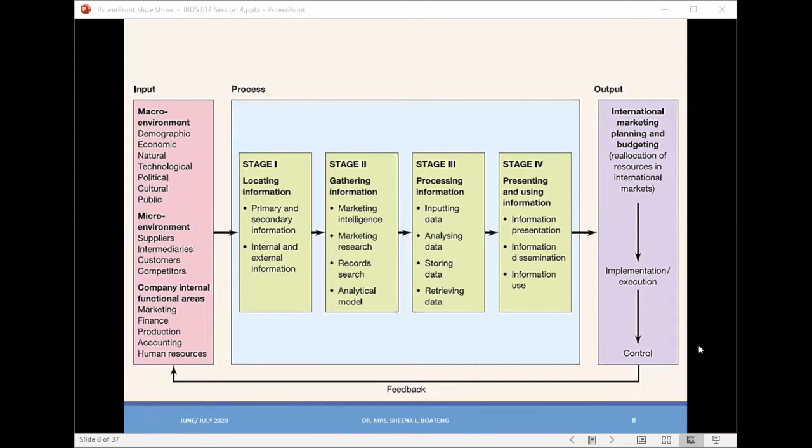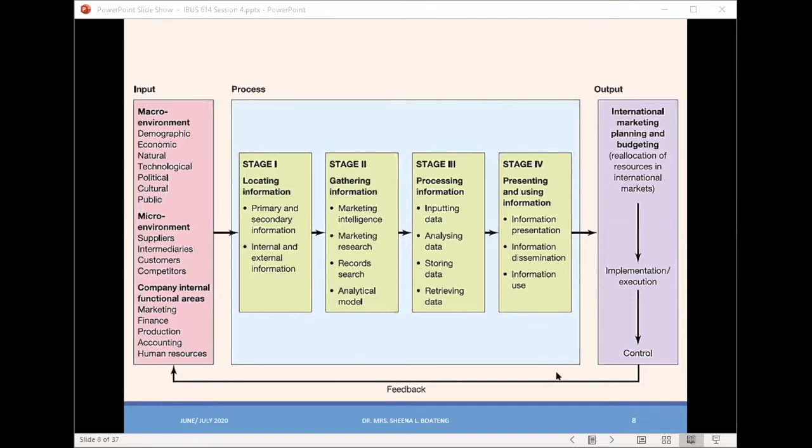So day in, day out, you keep locating information, gathering it, processing it, presenting it, and then using it to influence your implementation and execution. Hence the arrow we have here leading from the output back into the input.